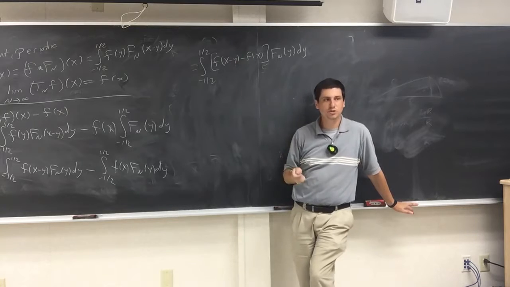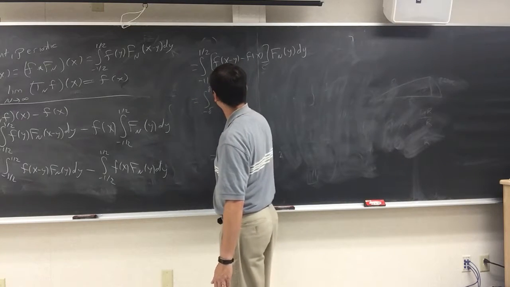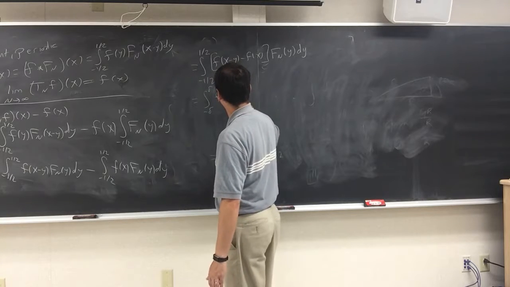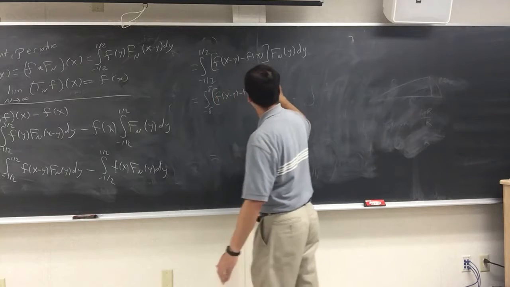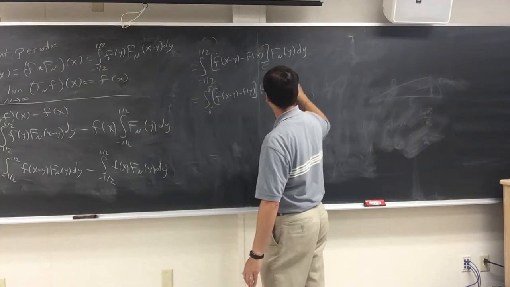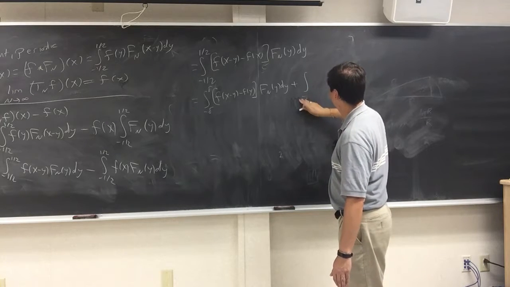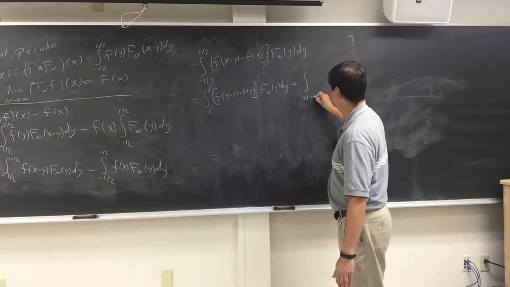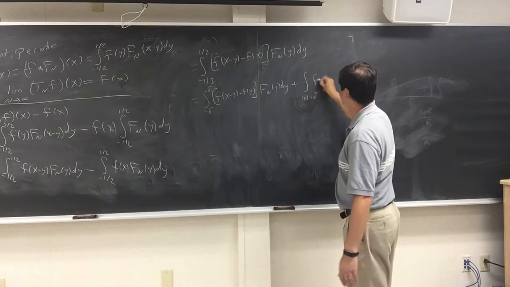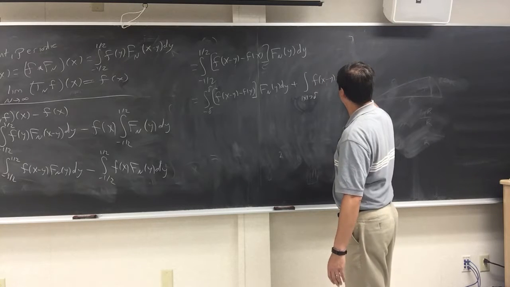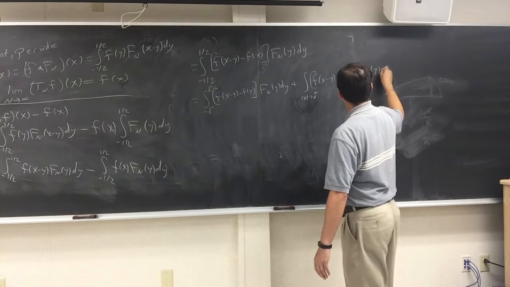Okay, so if y is really small, then this part over here is going to be really small. So we're going to split the integral up into 2 parts. We'll split it: the integral from minus delta to delta of f of x minus y minus f of x, fn of y dy, plus the integral over y greater than delta, since we know we're in the interval minus a half to a half, of f of x minus y minus f of x, fn of y dy.